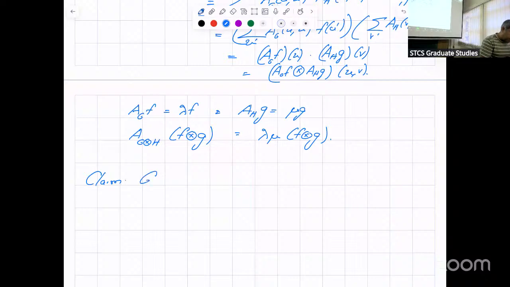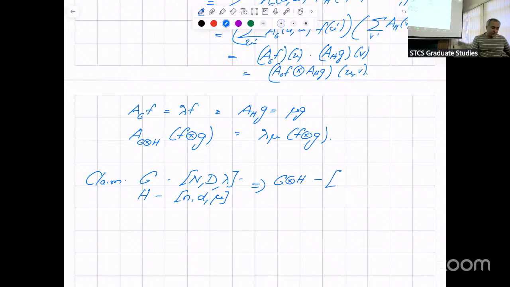If G is an (N, D, lambda) expander, and H is an (N, D, mu) expander, then G tensor H.